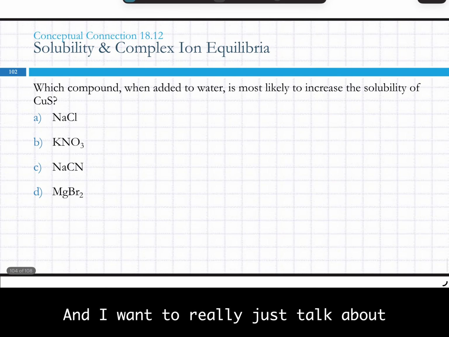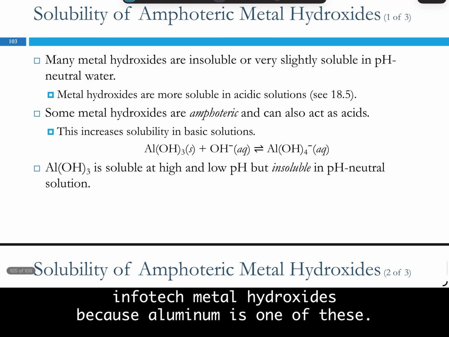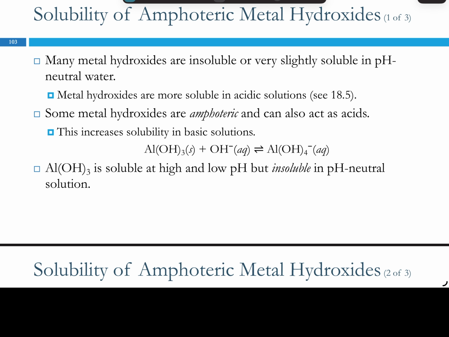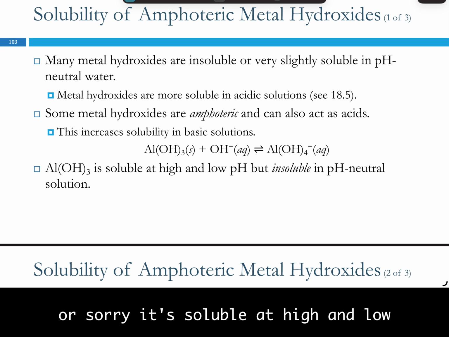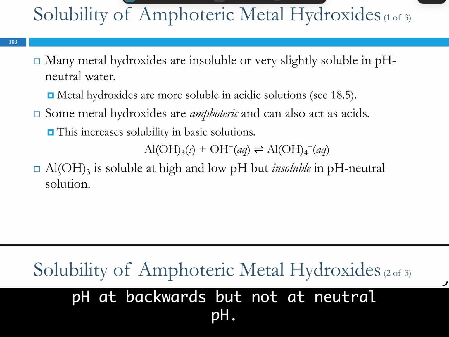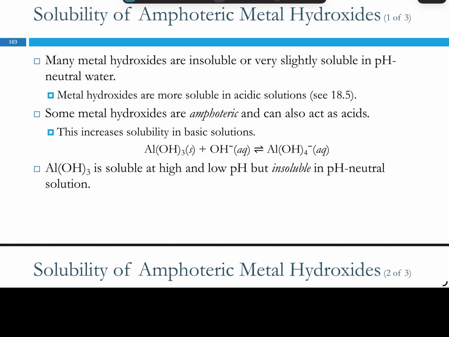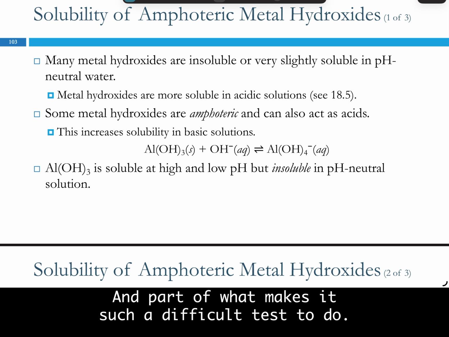And I want to really just talk about amphoteric metal hydroxides, because aluminum is one of these. And aluminum does weird stuff because it is soluble at high and low pH, I had it backwards, but not at neutral pH. So this is one of the ones that's very pH dependent. And part of what makes it such a difficult test to do.